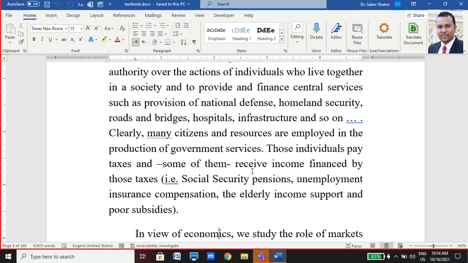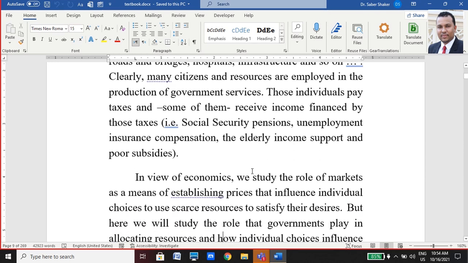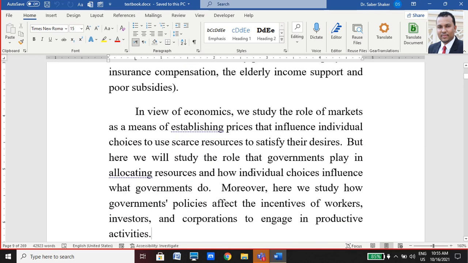Examples of government activities may be bridges, public hospitals, as we mentioned before, and infrastructure. But what about the role of markets? The role of the market is based on the role of government. So we talk about two roles: the role for the market or private sector against the role for the government or public sector.